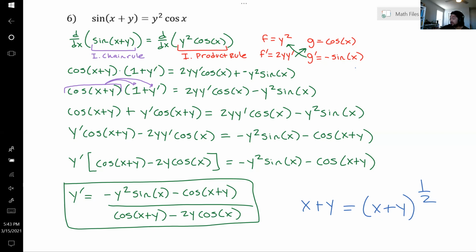So there's no reason to rearrange the original problem for y. That's why we use implicit to make the work easier. So we could take the derivative of this equation and then solve for y prime. As long as you're solving for y prime, you're good. That answer your question?